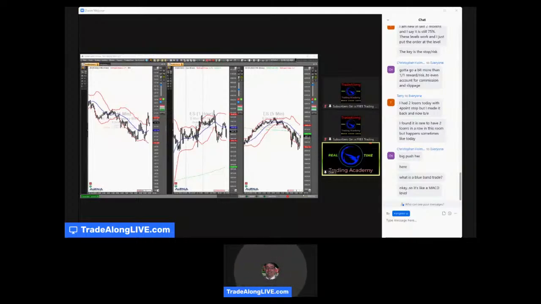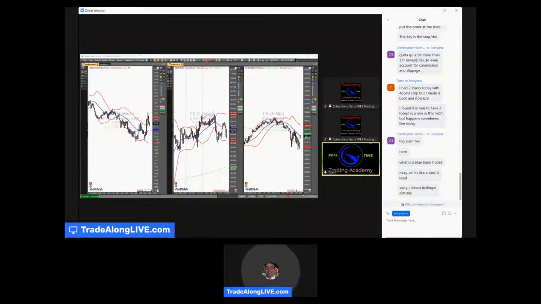If you notice, we don't have any MACDs on. We've got a Bollinger Band up there, and the blue band is the center of that Bollinger Band, and the red bands are just there for show, and the green band is just a 200 period moving average.